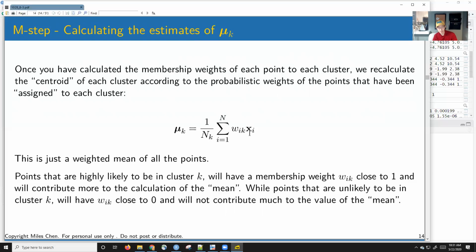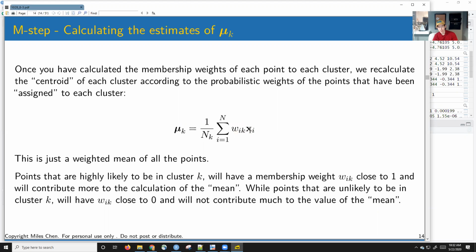We do that by basically taking the weighted mean. So we're going to take each x, and we're going to multiply each x by its membership weight. X values that have a high probability assignment of belonging to a particular cluster have membership weights very close to 1, and they're going to contribute a lot towards the mean.